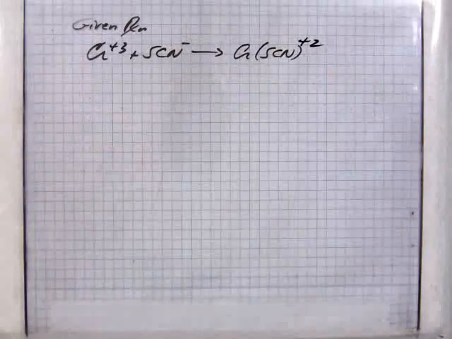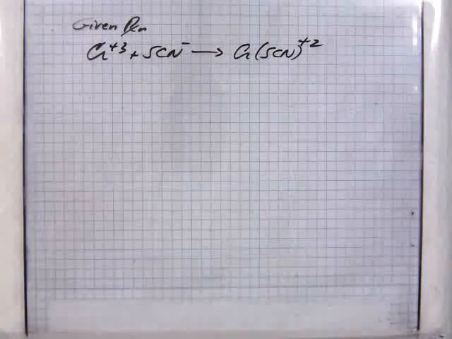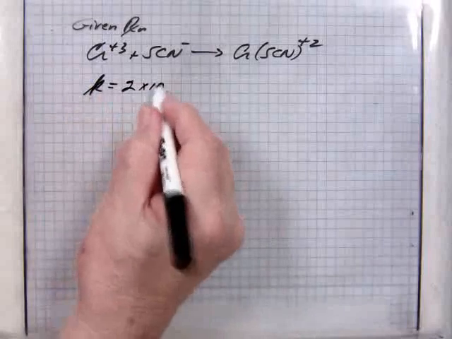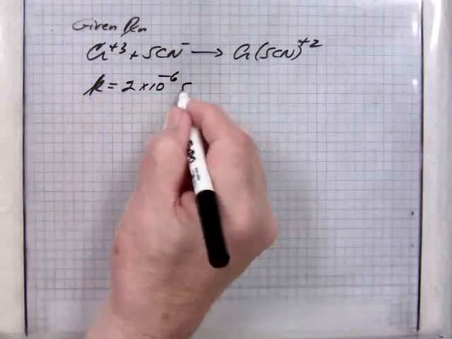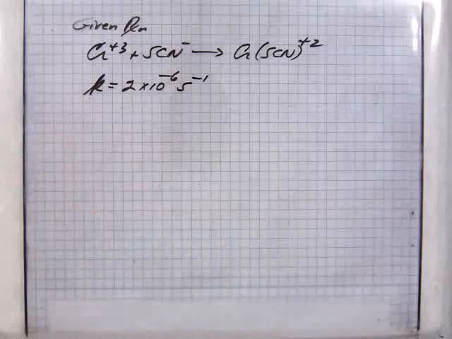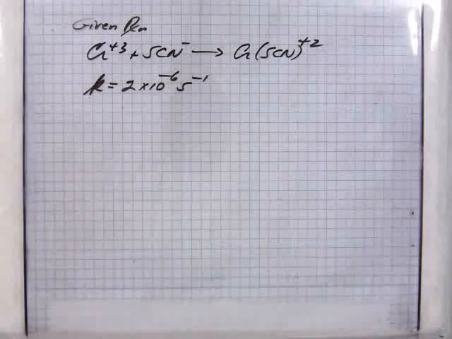What's the half-life in hours? All right, it's first order and the rate constant k is 2 times 10 to the minus 6 seconds to the minus 1. What's the half-life, and how many hours would be required for the initial concentration to decrease to 25%, 12.5%, 6.25%, and 3.125%?